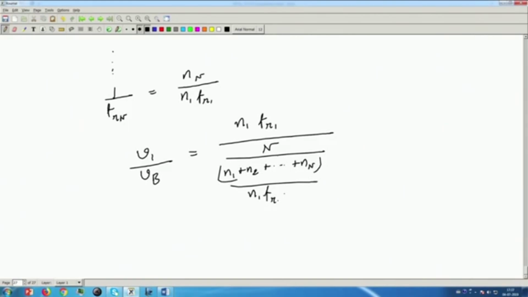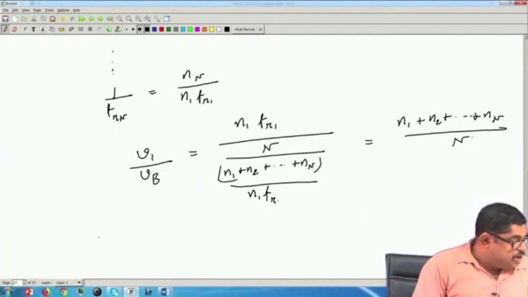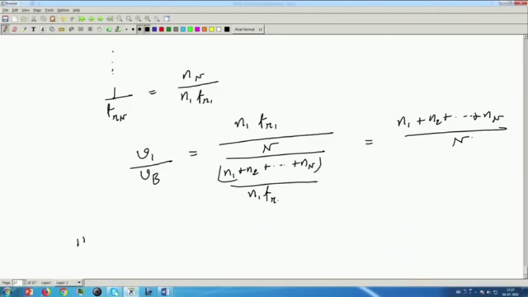So, that will finally give you n 1 plus n 2 plus n n by capital N. So, these two formulas are a bit different, but let us see their effect is more or less same.